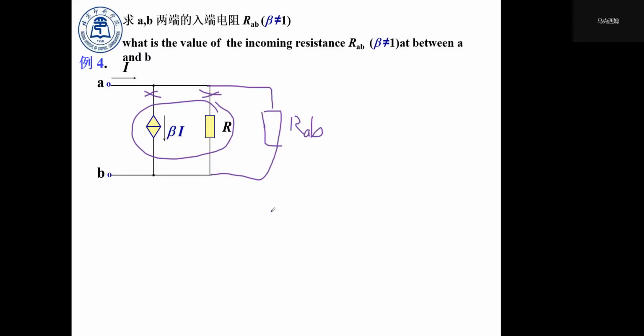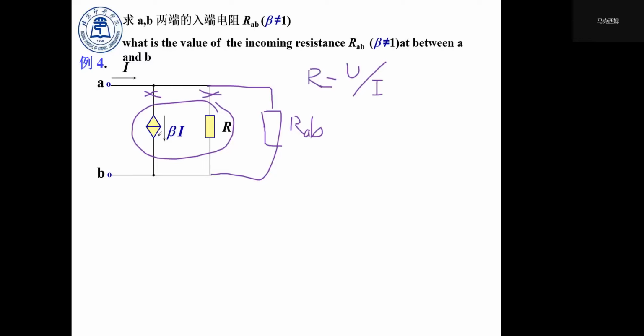So how could we calculate that? The resistance equals voltage over current.